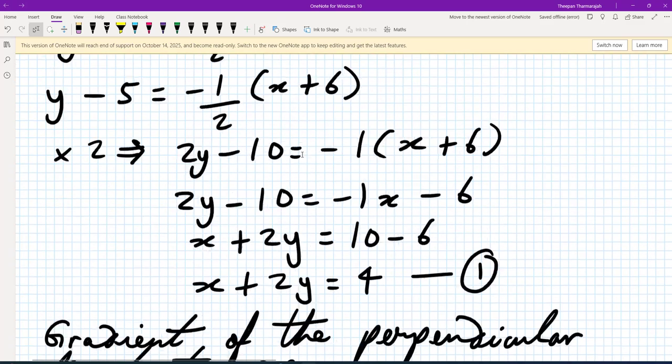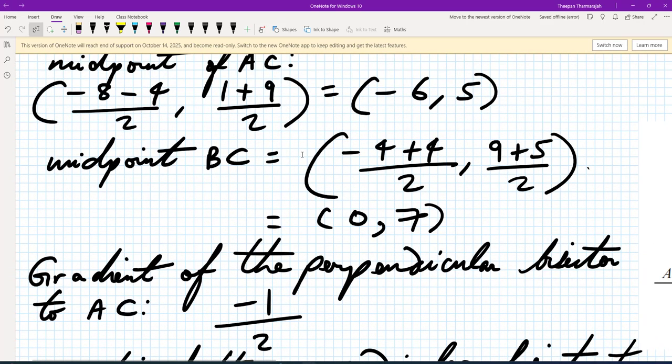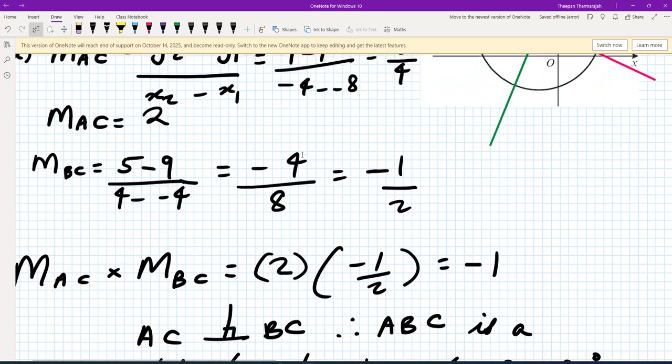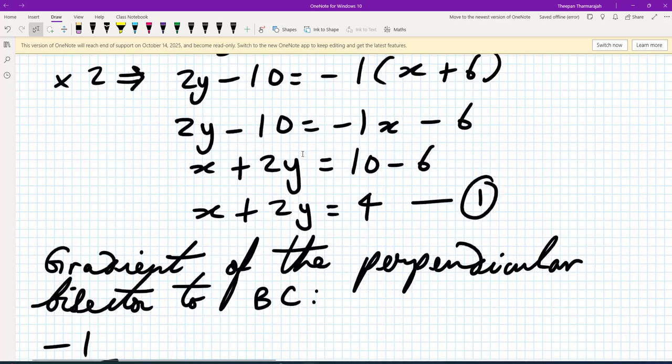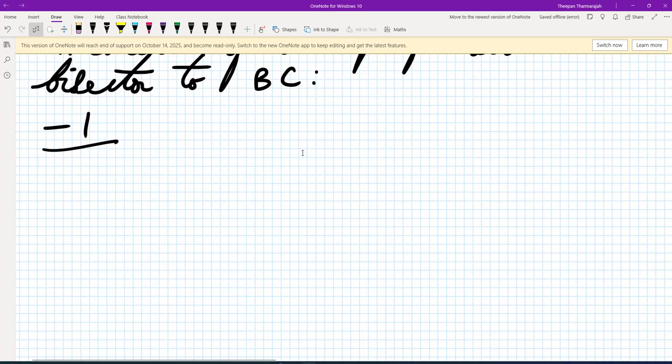So let's have a look. We found the gradient of BC to be -1/2. So it's -1 over -1/2, which is +2.